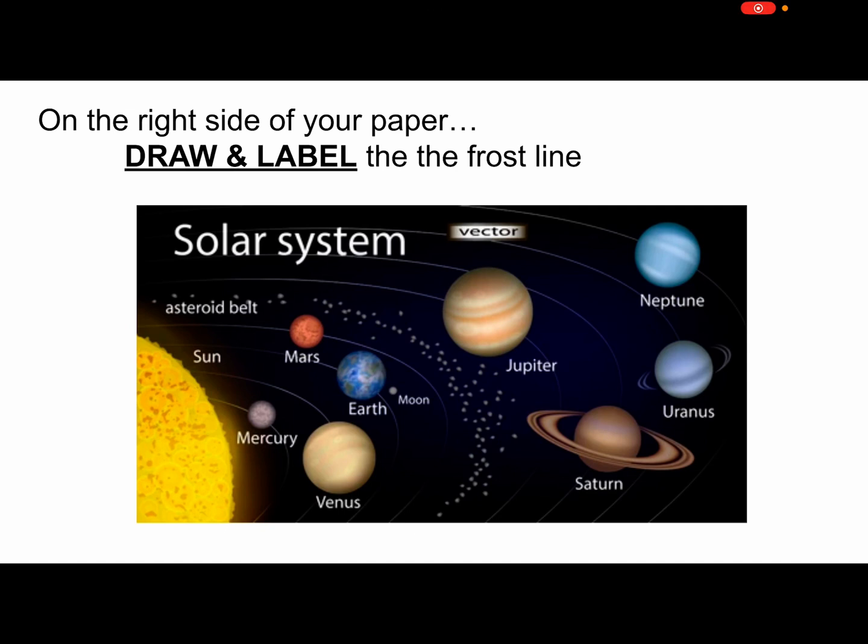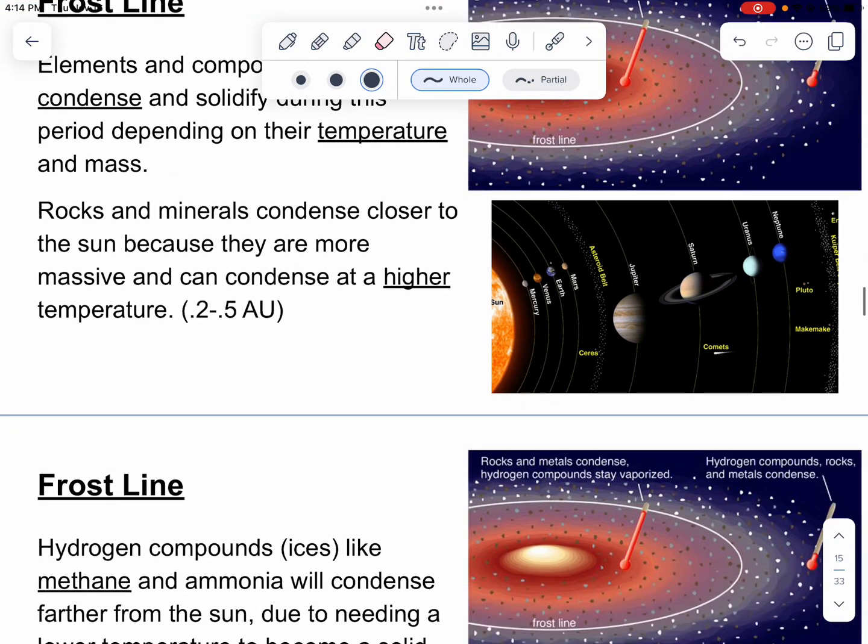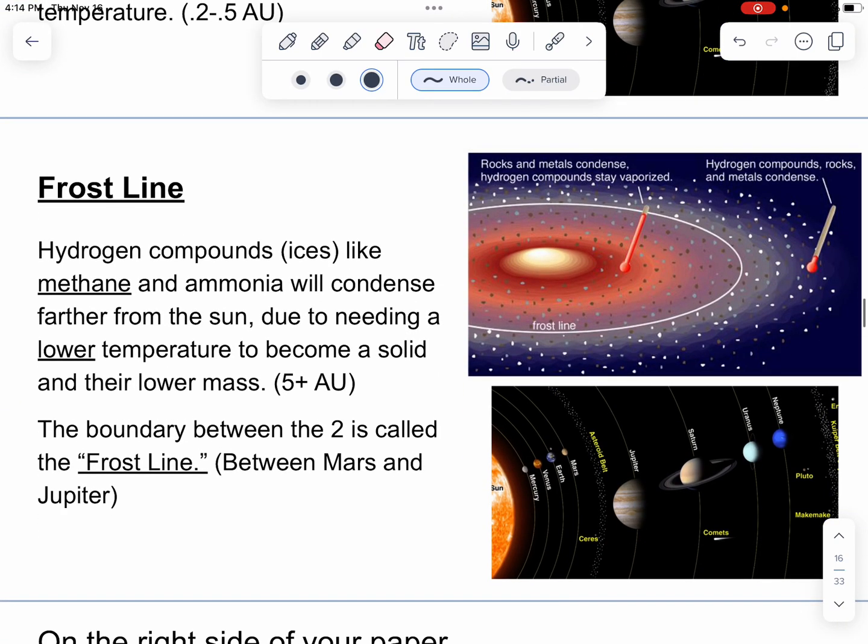On the right side of your paper, I want you to draw and label where the frost line would be. I'm just going to scoot over here to my Notability, and we can see inside of here, it's much warmer, and this is where we get rocks and minerals condensing.